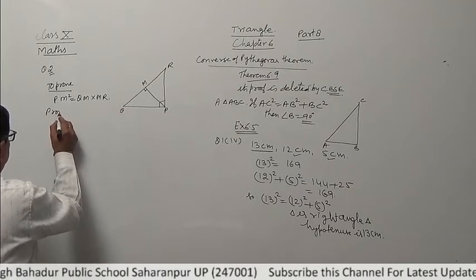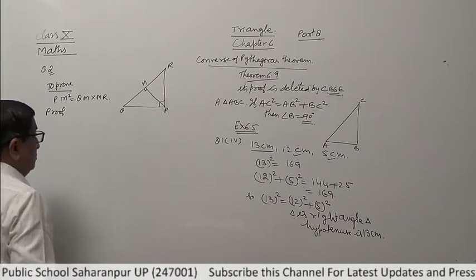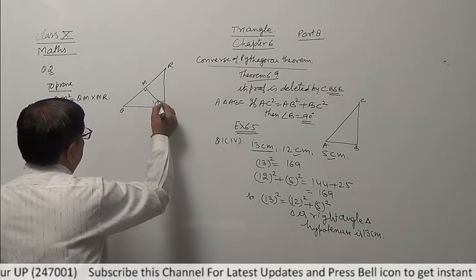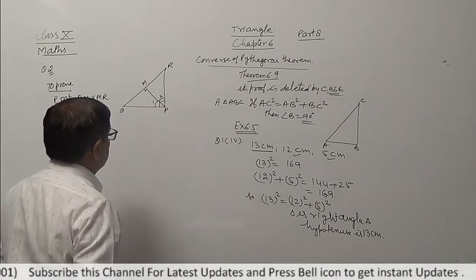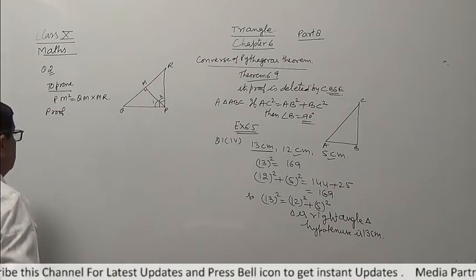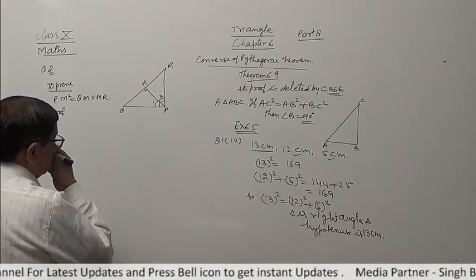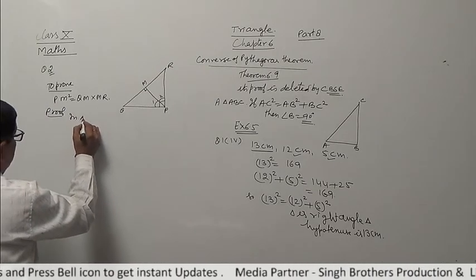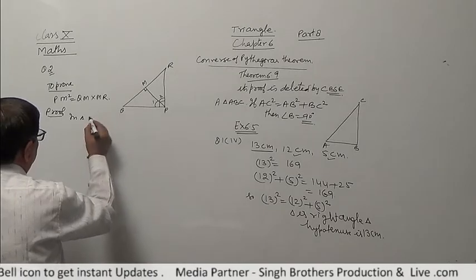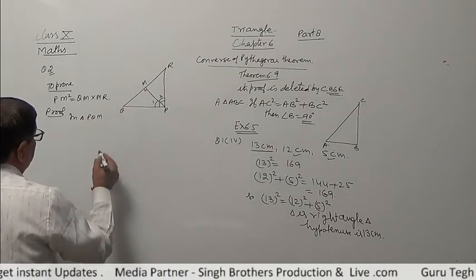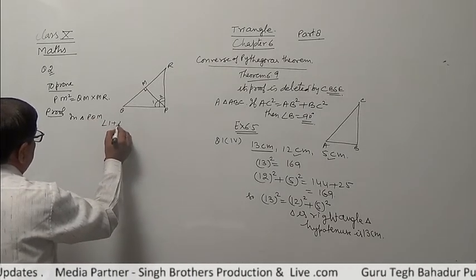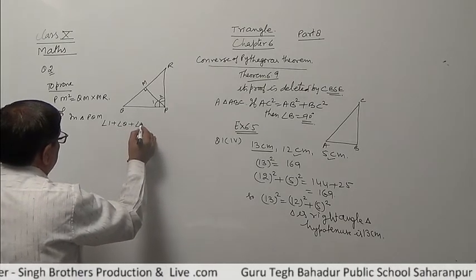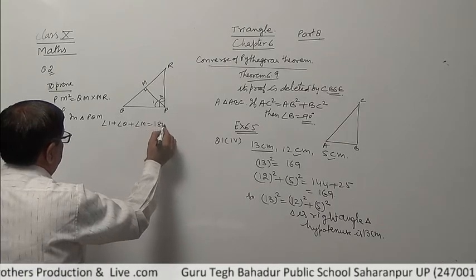Let's see the proof. This is angle 1, this is angle 2. In triangle PQM, angle 1 plus angle Q plus angle M is 180.